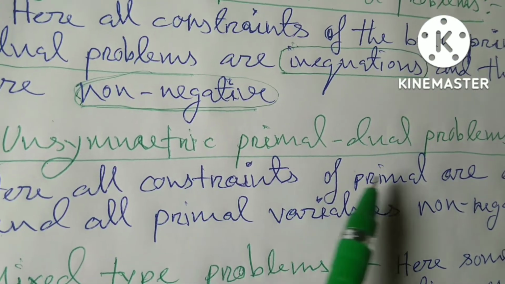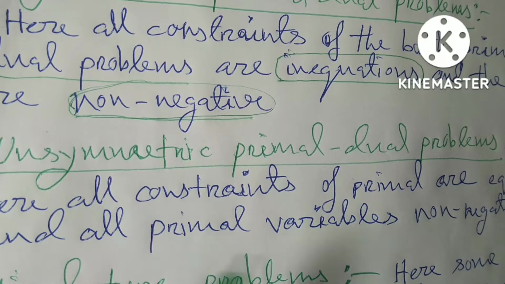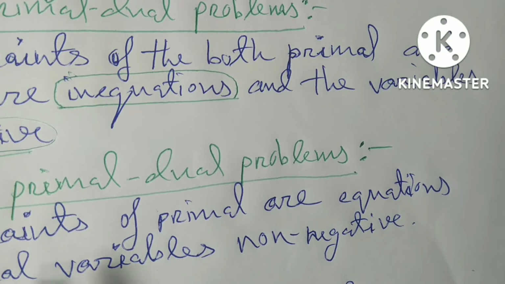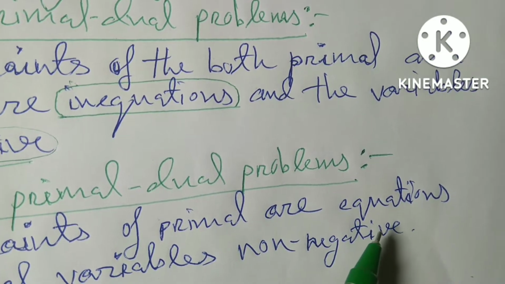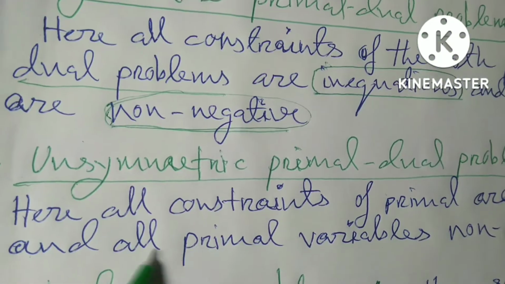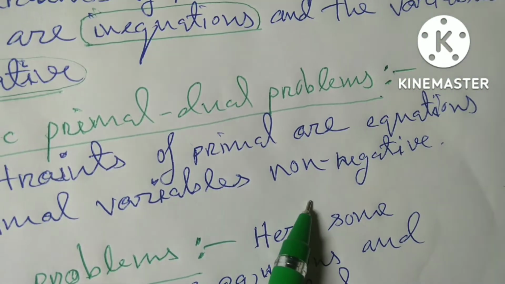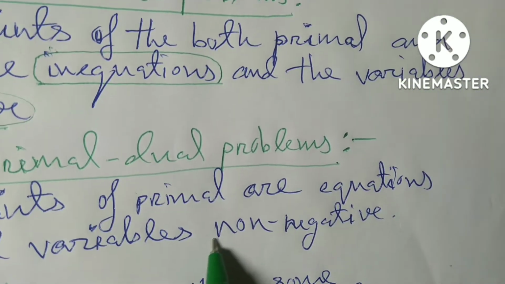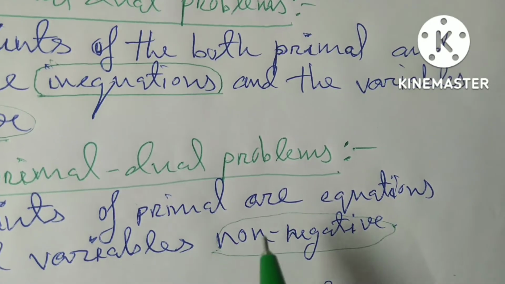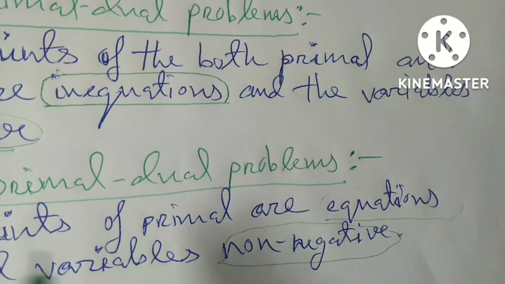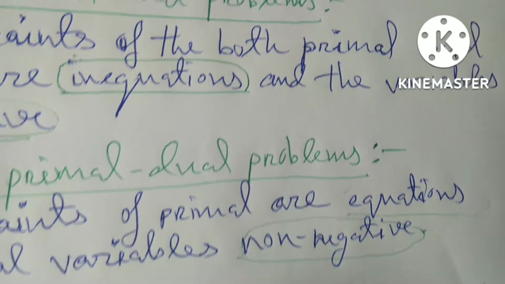Unsymmetric primal dual problems: here all constraints of primal are equations and all primal variables are non-negative. So unsymmetric is equation and symmetric primal dual problem is inequation.